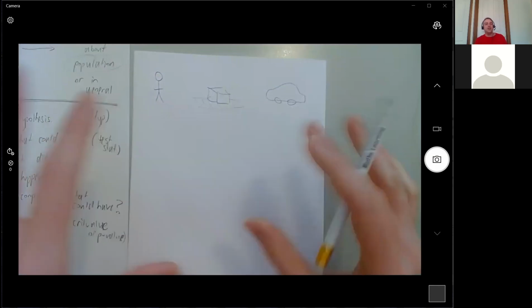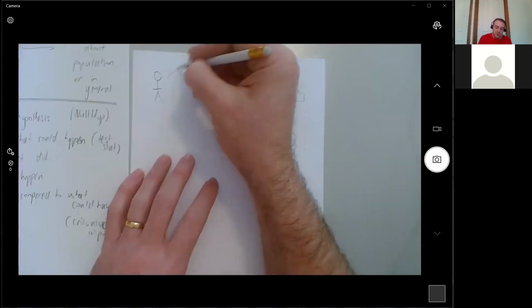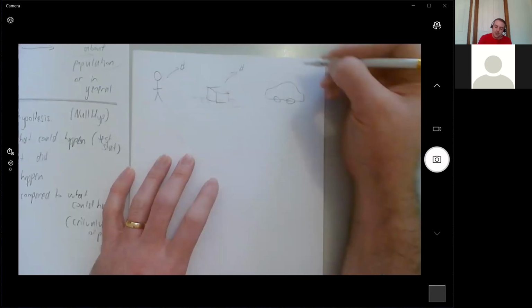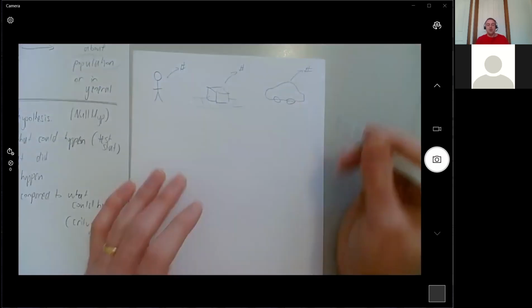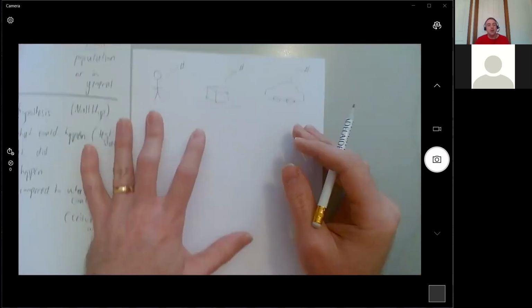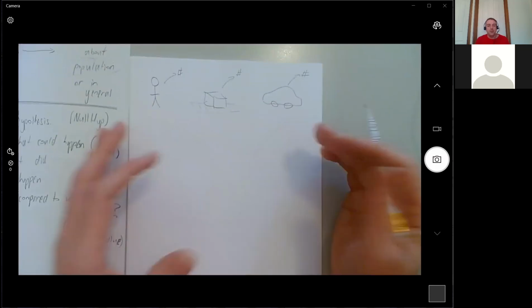Whatever the object is, they've always produced a numerical answer, and your questions have been about those numbers.